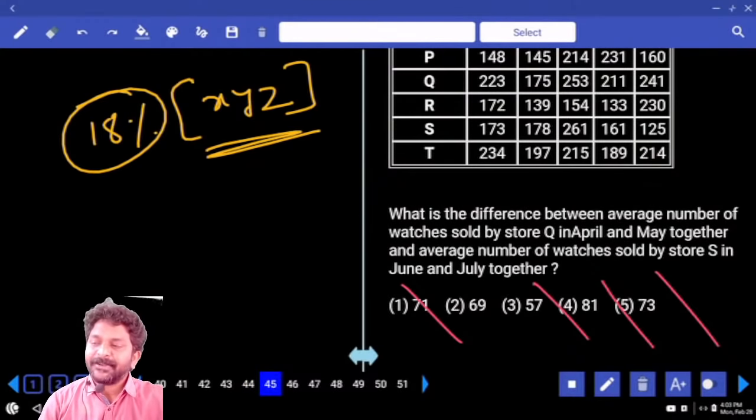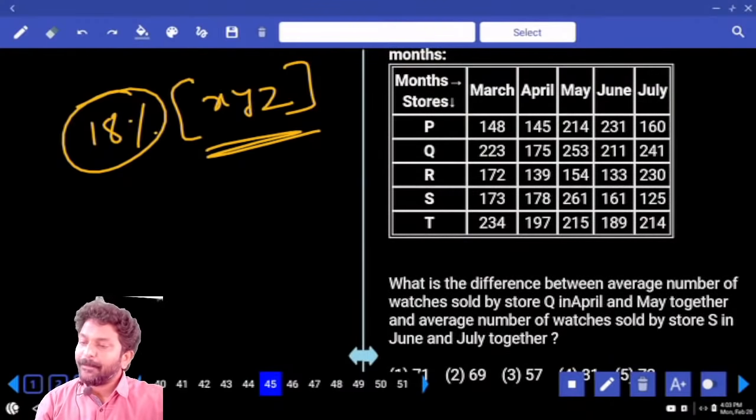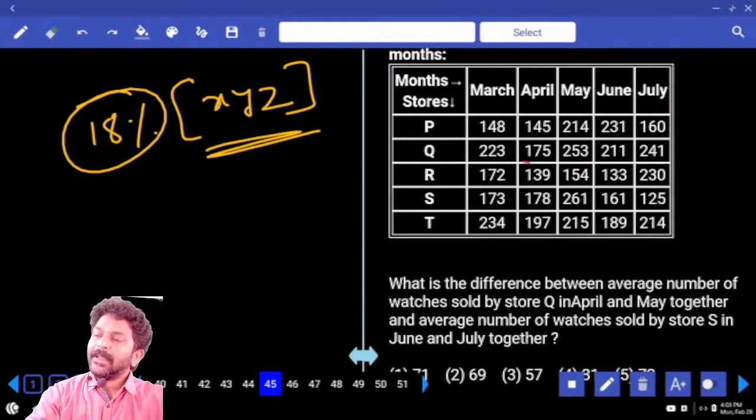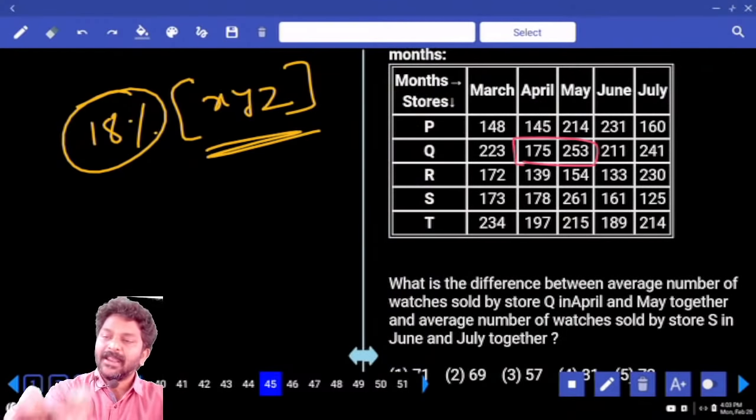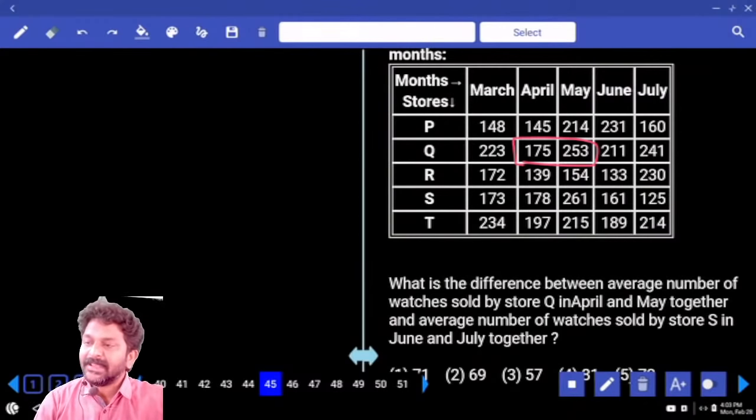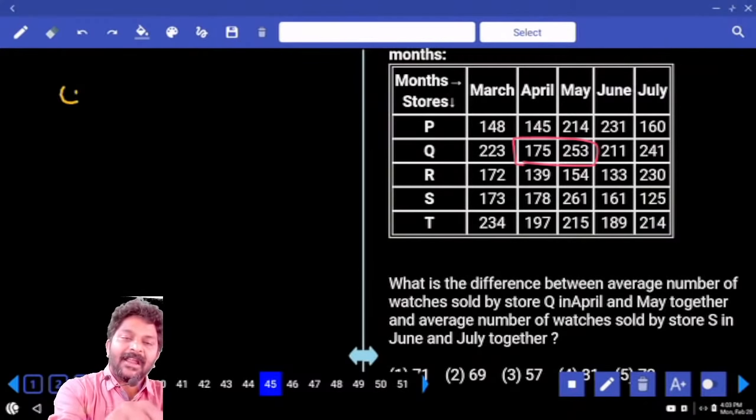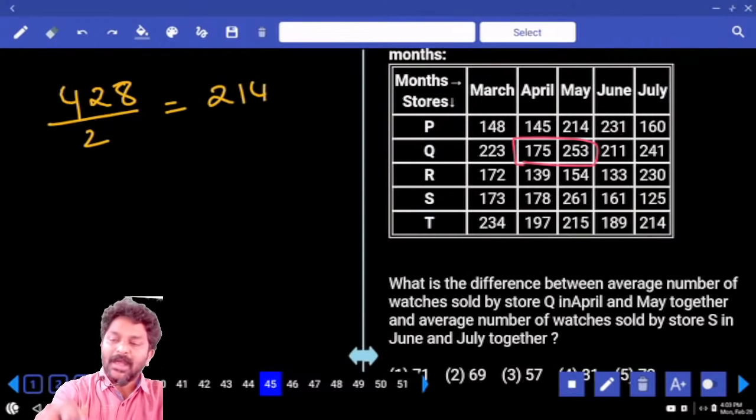What is the difference between the average number of watches sold by store Q in April and May together? Q, April and May together. Right. 175 and 253. 428. And we were asked to calculate the average, that is divided by 2, which is 214.